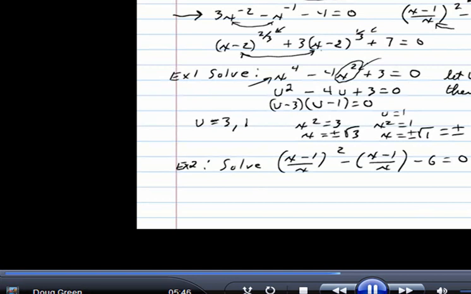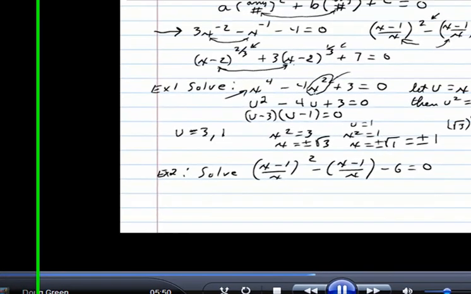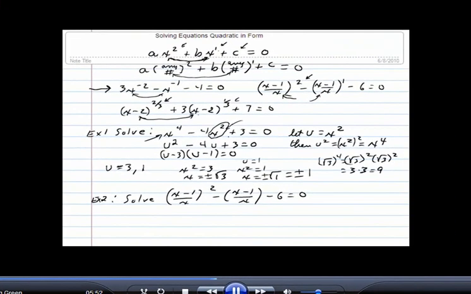So you end up in your original equation with 9 minus 4 times 3, which is minus 12, plus 3 is 0. That's true. So the square root of 3 checks out. Turns out that the negative square root of 3 checks out, and both these answers check out, but you do have to check them. You get 4 answers, positive and negative 1, and positive and negative square root of 3.